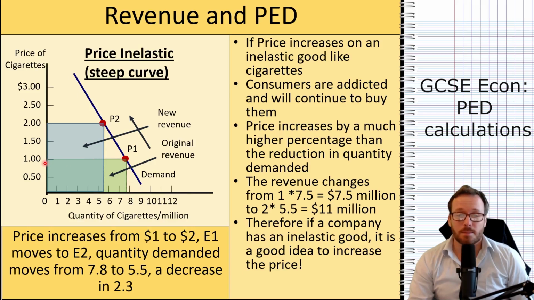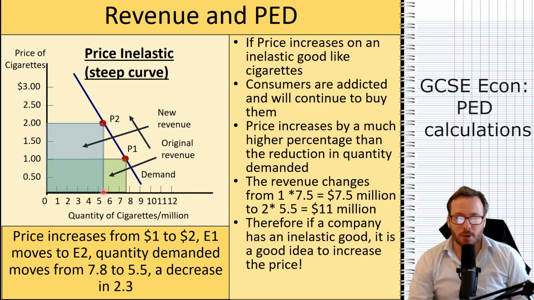That makes sense, right? Now, if they decide to increase the price of this inelastic good, they've increased it by 100%, which is a lot of money. Now it's $2. The reduction isn't that high. They're still selling 5.5. Can you see that?